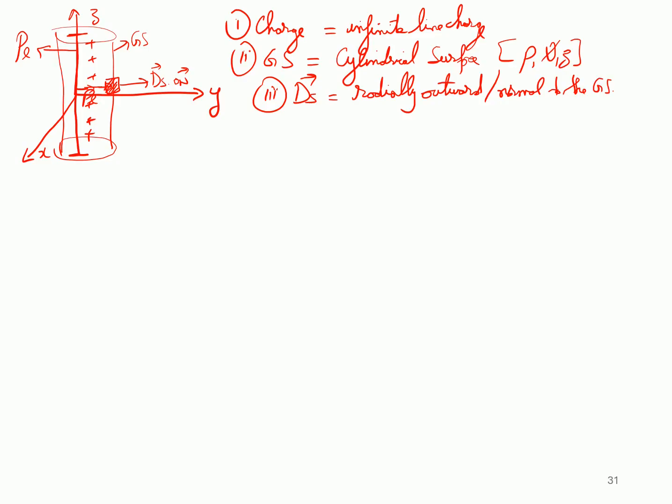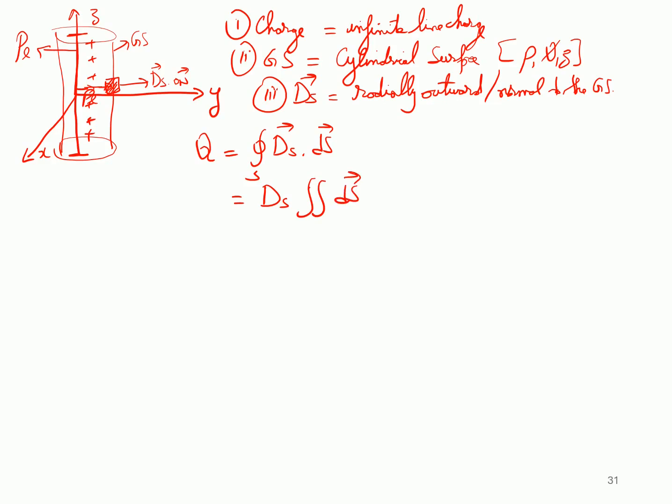Now again, our equation will remain the same. We start by using the Gauss's law equation, where we have a surface integral of electric flux density with the small surface dS in vector form. We know that since D_s is a constant everywhere, it will be outside the integral, and thus we will be left with double integrals of dS.